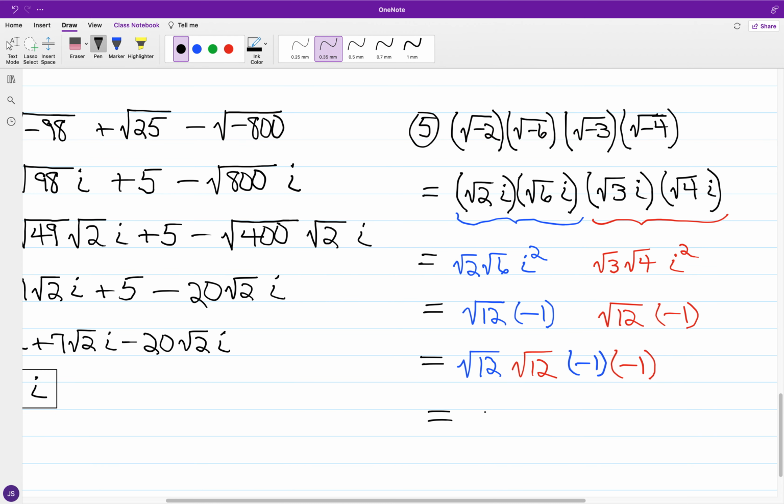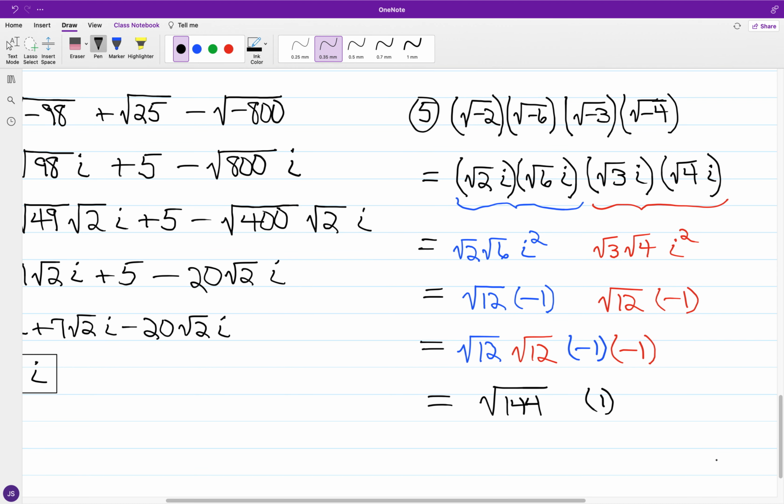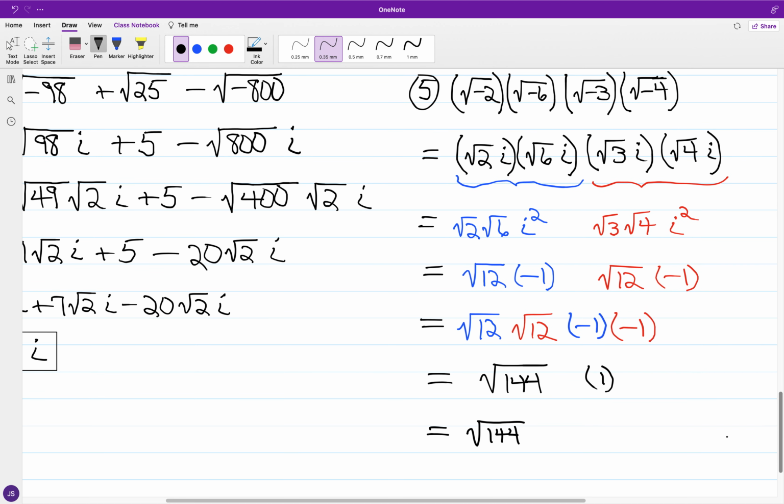So we have the product, the square root of 144, and -1 times -1 is just 1. And with 144 as a perfect square, this will come out to 12.